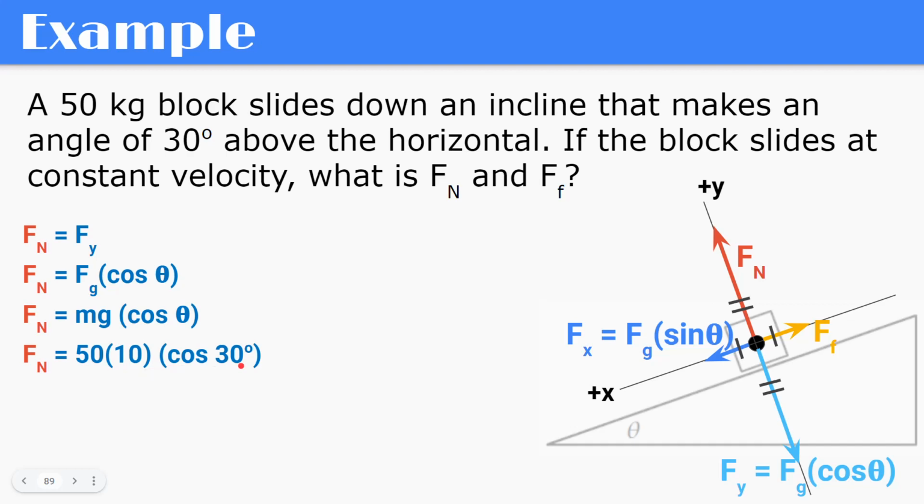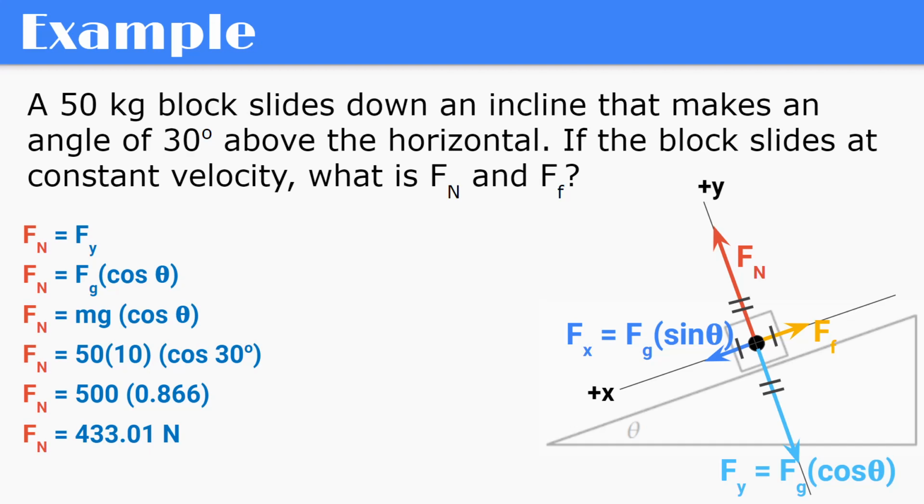My angle in this problem is 30. So this is what goes in your calculator. Again, you need to be in degree mode. 50 times 10 times cosine 30, that's going to be 500 times 0.866, which is equal to 433.01 newtons. So that would be your normal force in this scenario.